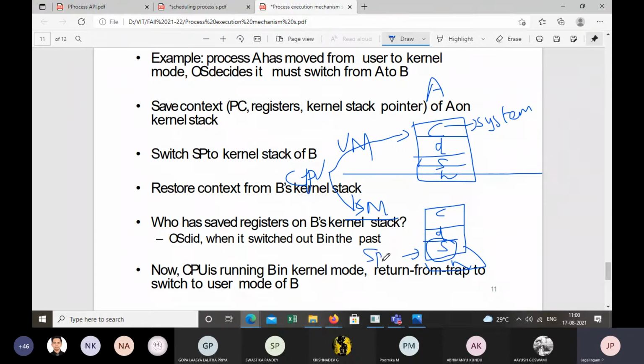The stack pointer is currently pointing to the stack of process A, right? And now the CPU has moved to kernel mode.